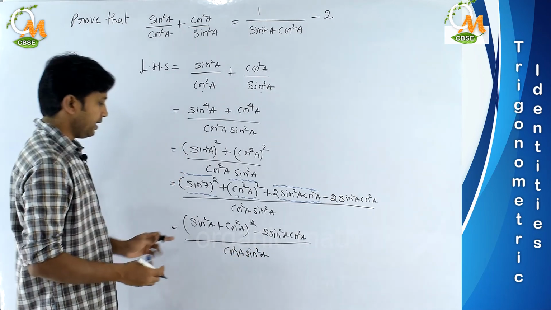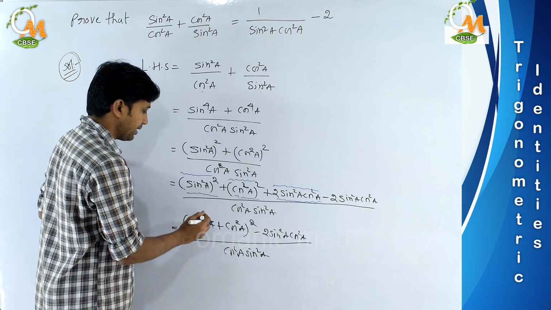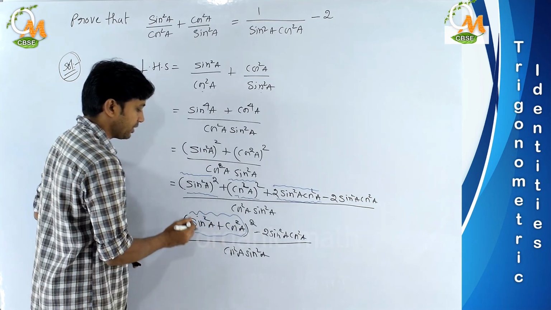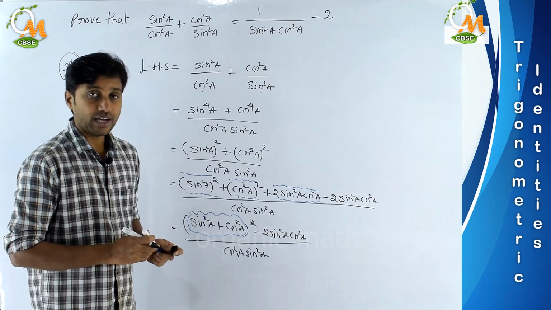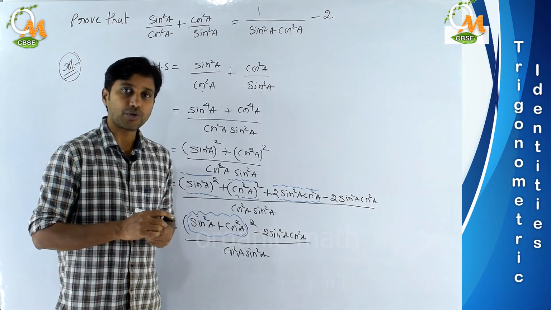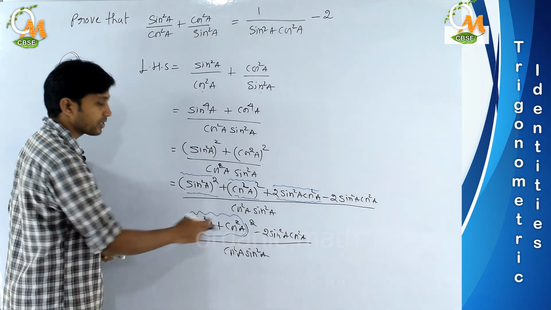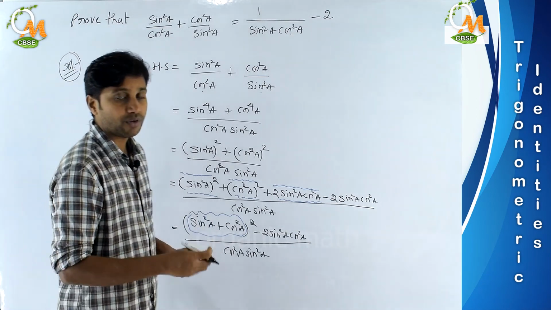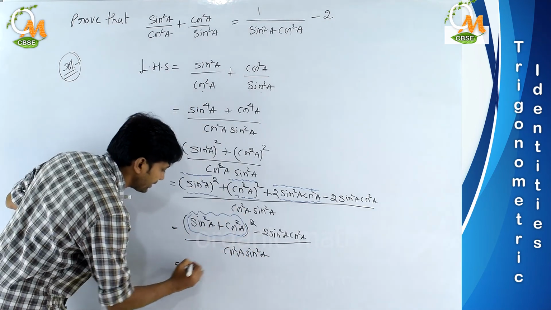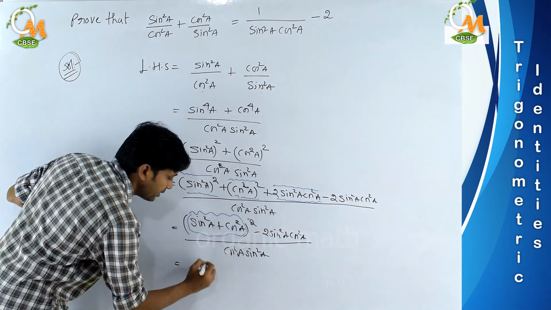Now if you observe inside the bracket, this is the first trigonometric identity. So its value would be 1, because sine square theta plus cos square theta equals 1. Here sine square a plus cos square a is equal to 1 for all values of a.